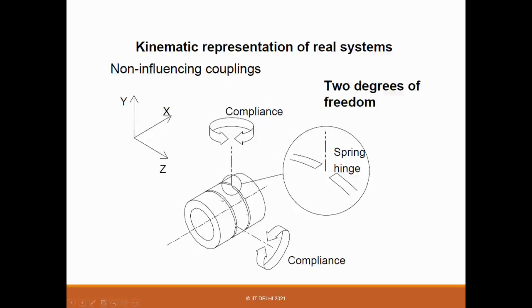Here you take a single piece and then you cut it, reduce the section so that it can bend from here, and thus from there it can rotate. That's why it's saying compliance direction. So it can rotate with respect to the other. So actually you are making a universal joint, right?